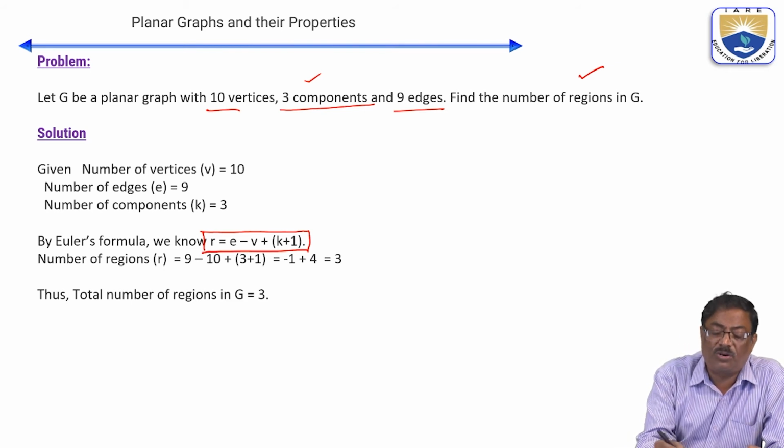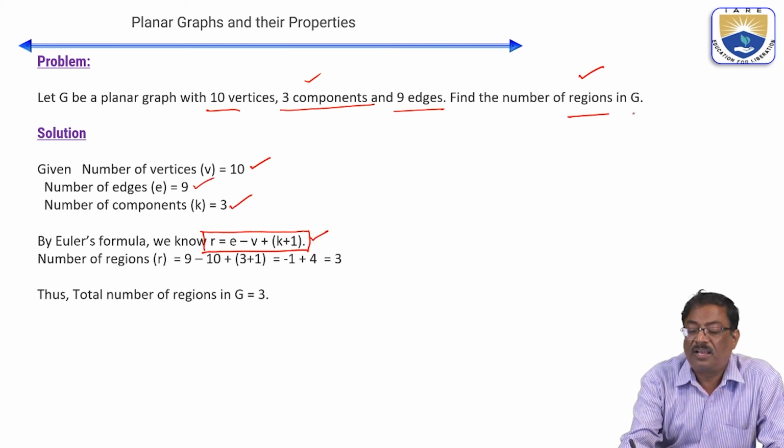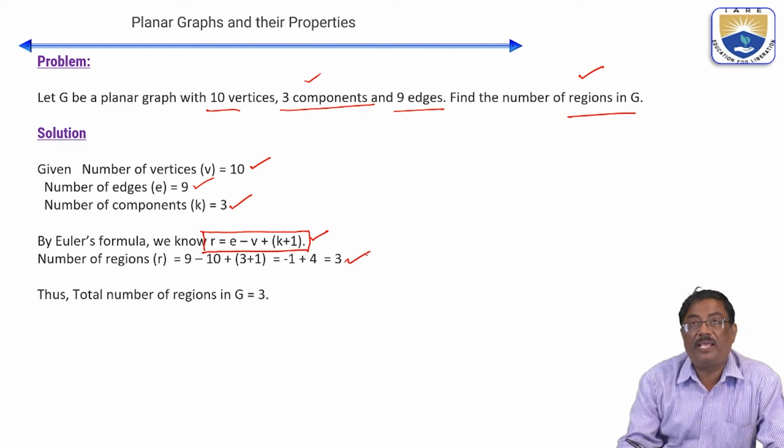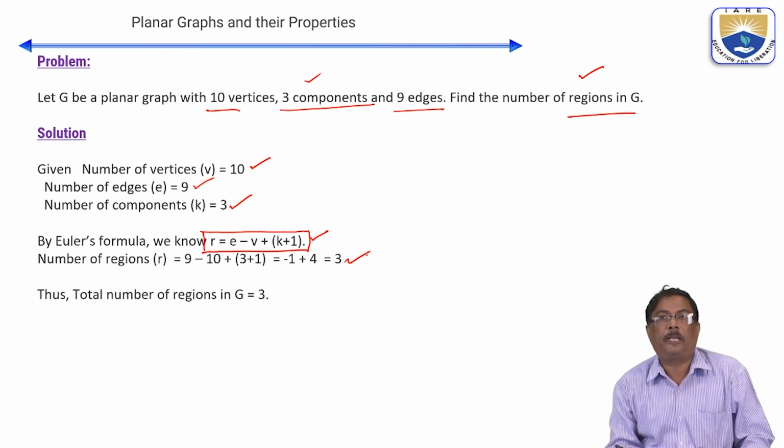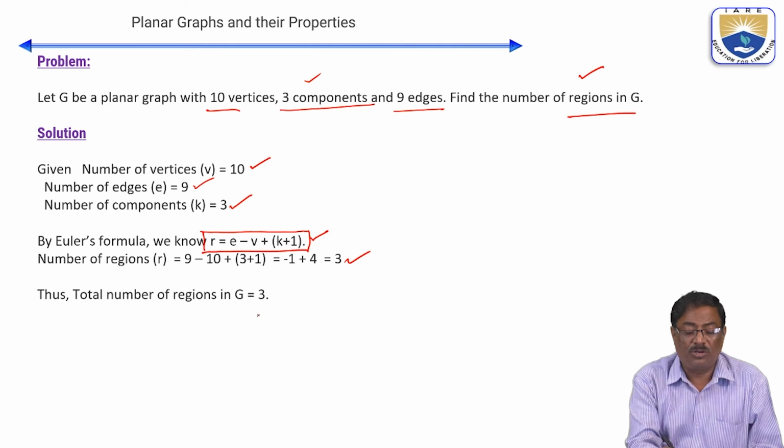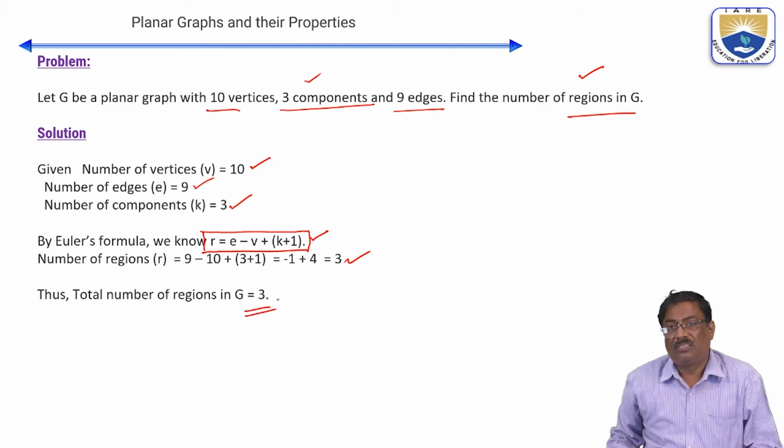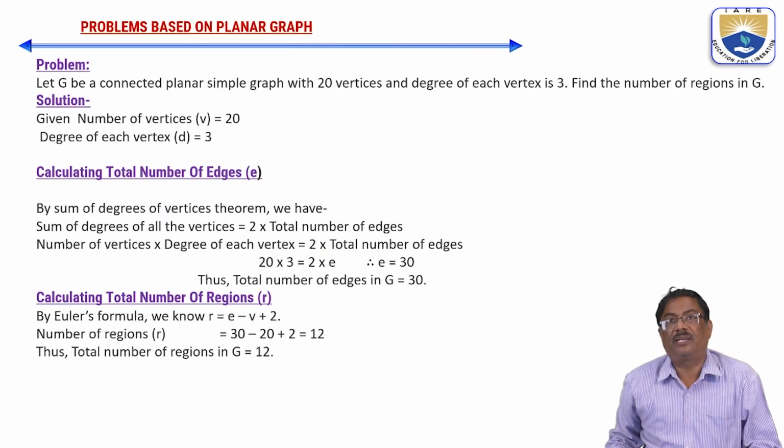So in this we are going to substitute number of vertices as 10 and number of edges as 9 and number of components as 3. Just we are going to substitute here, and then we came to know how many regions that we are going to obtain. So r is equal to 3 regions. So we are going to get the number of regions as 3. Now go for the other problem.